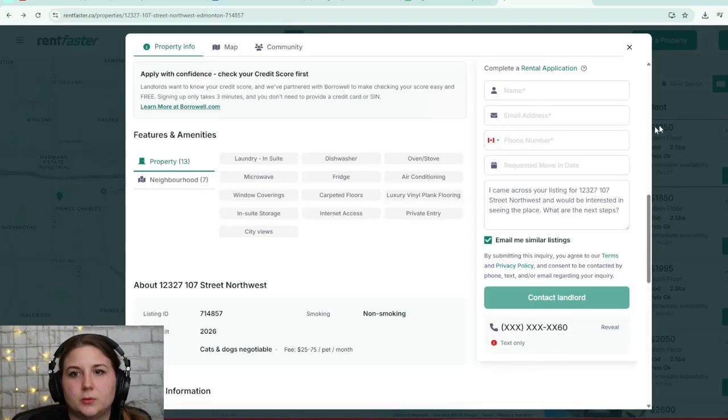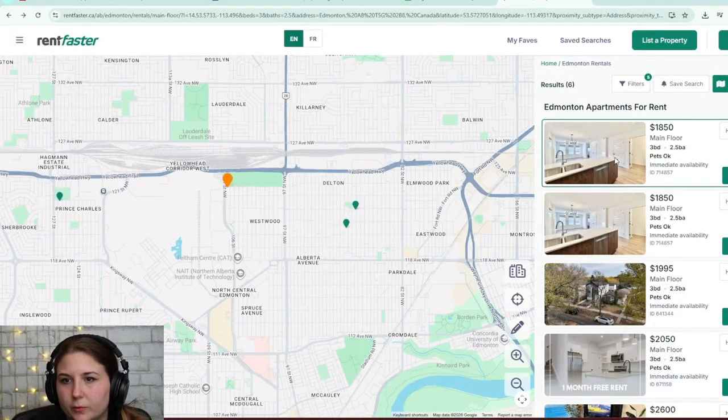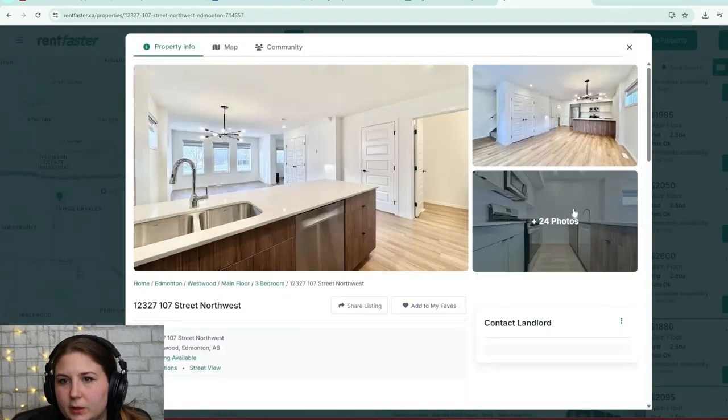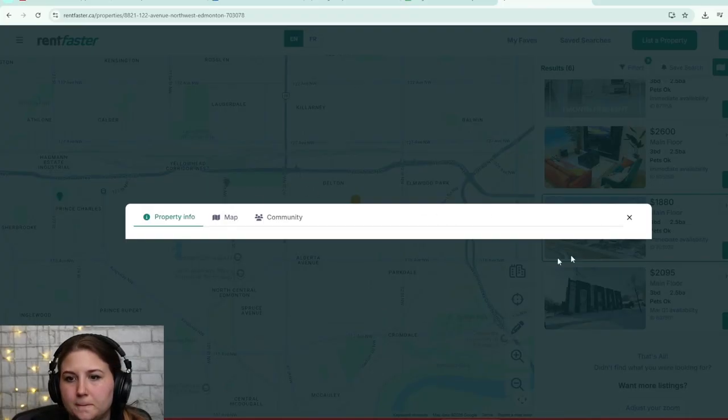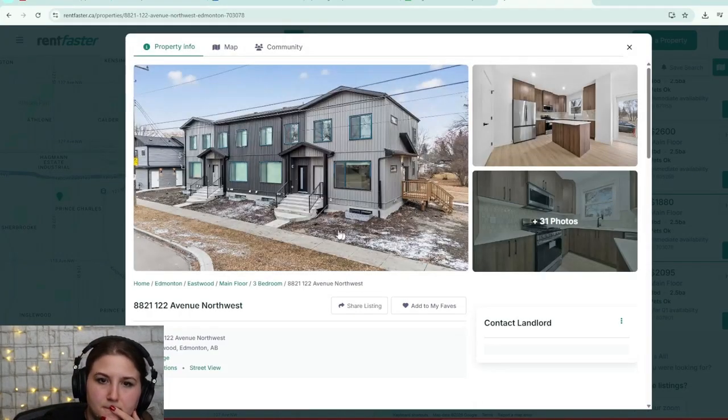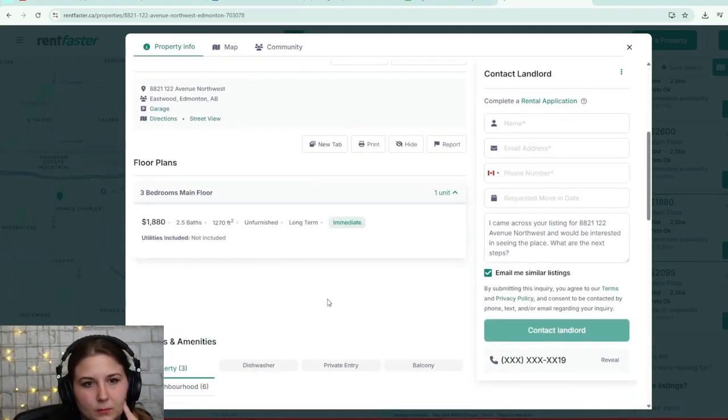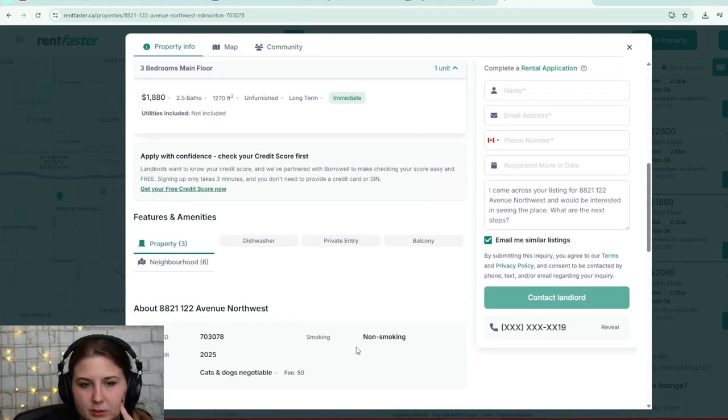So since these are super comparable, I'd feel comfortable. 1850. Again, that's probably just a second unit in the same building. 1880, main floor. Three bedrooms, 1880, utilities not included.